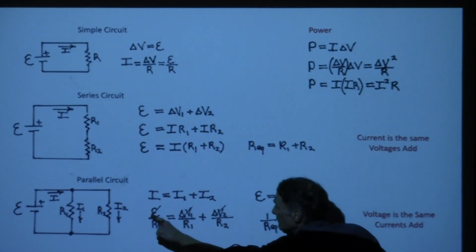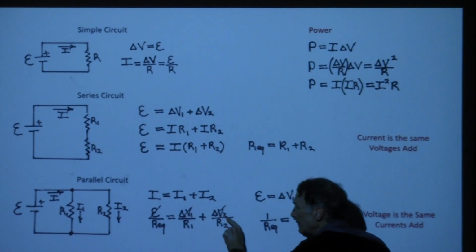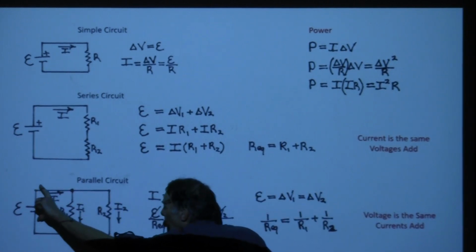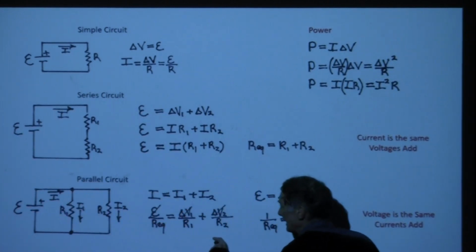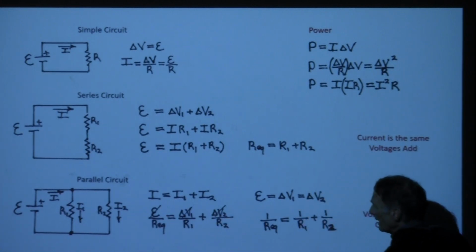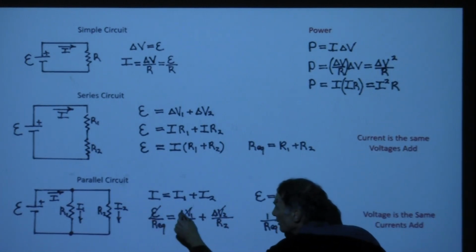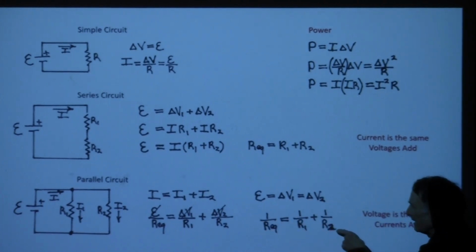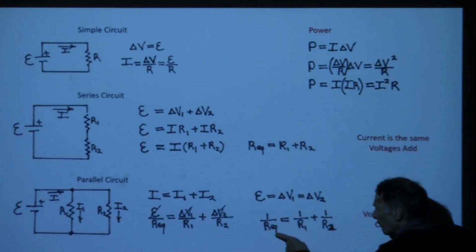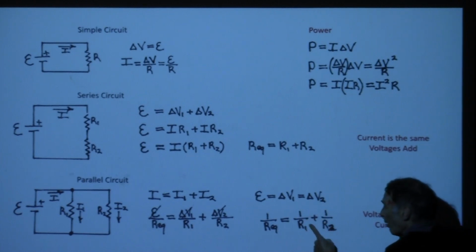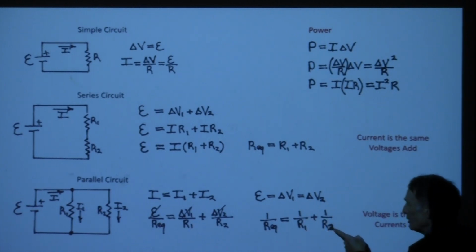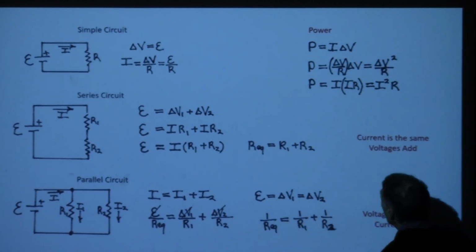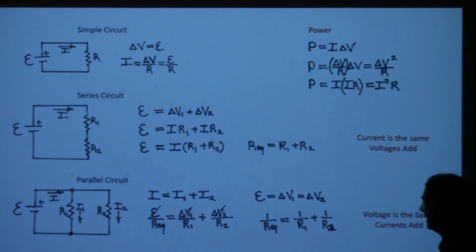But all of these voltages, V1 and V2, are going to be equal to E. So we can cross those out and cancel them. And then I have the idea of the equivalent resistance: 1 over R equivalent is 1 over R1 plus 1 over R2. And these are going to be in parallel.